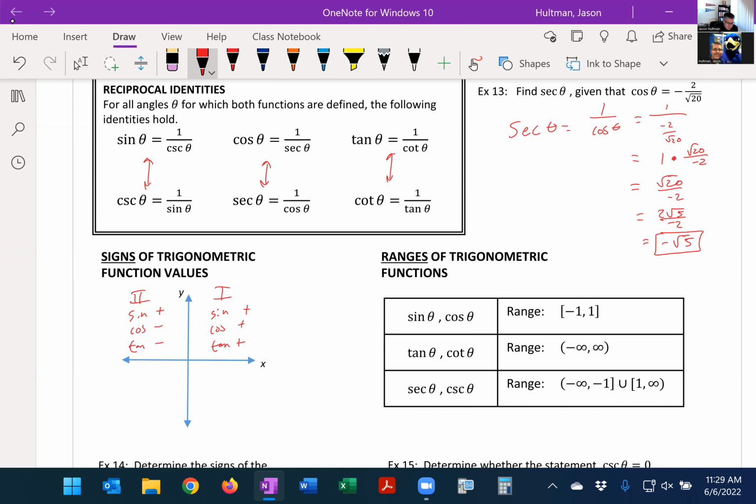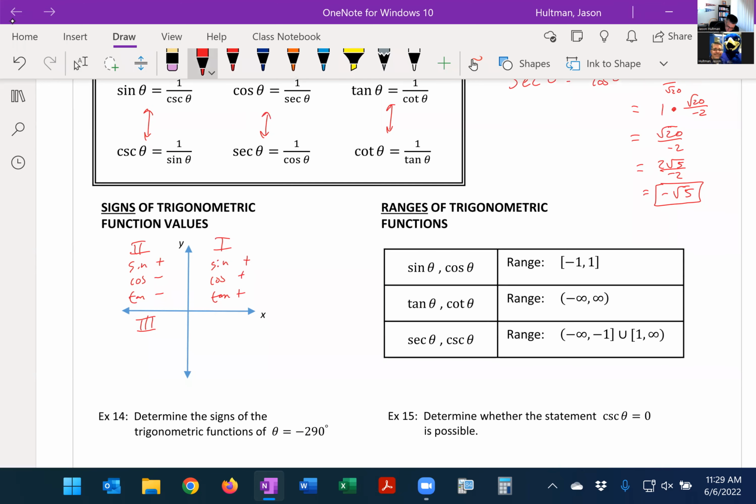In the third quadrant, we have a y value that's negative and an x value that's negative. So sine is negative and cosine is negative. And then y over x, or sine over cosine, is negative over negative, which turns the tangent positive.